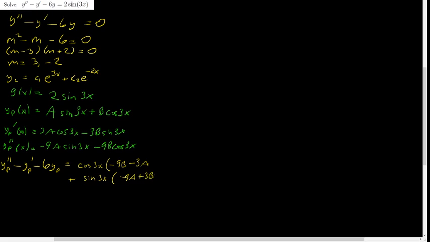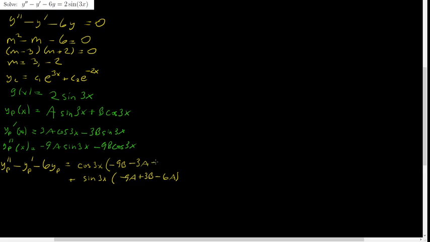Now for minus 6yp. If we multiply yp by negative 6, we get negative 6a for the sine, and for the cosine we'll have negative 6b.